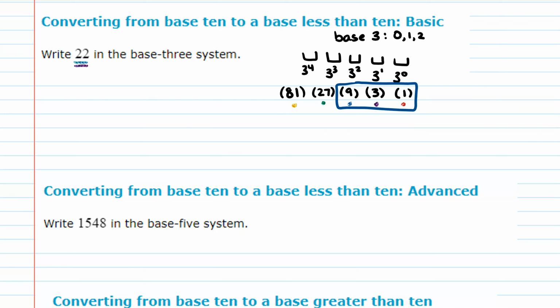Because that 27 is too big. So we're going to start with 22, and we're going to subtract 9. When I subtract 9, I get 13. And 13 is still bigger than 9, so I could subtract 9 again. That makes 4. So I subtracted 9 2 times.